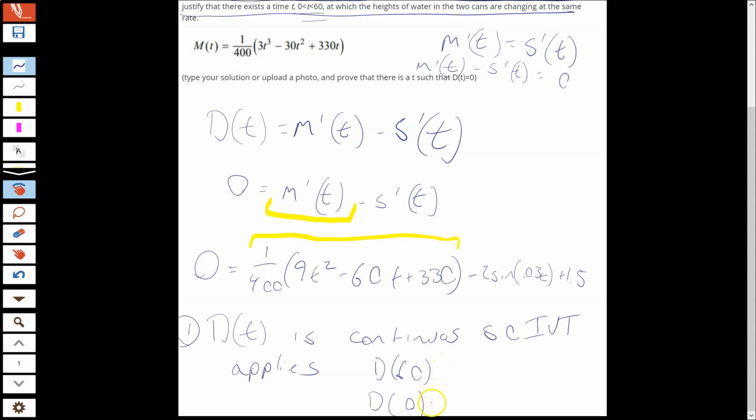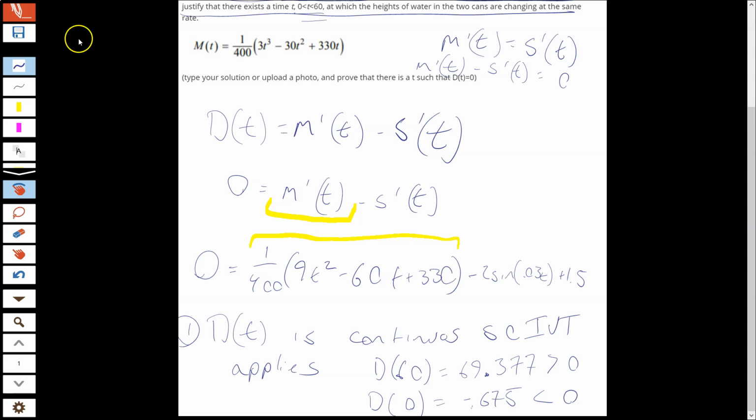And then type in 60, type in 0. What you get here is 69.377 for d of 60, and you get negative 0.675 for d of 0.